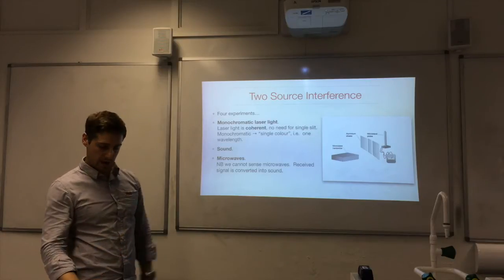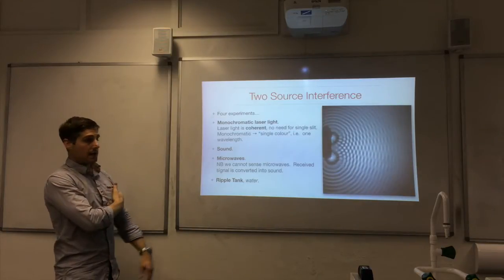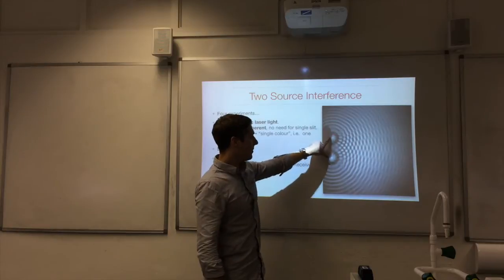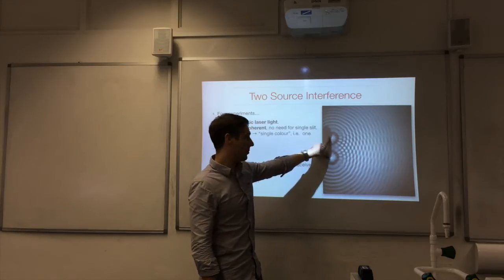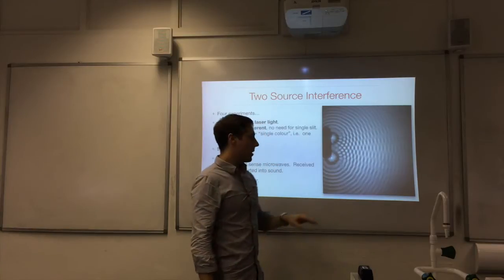You can't hear microwaves. And lastly, a ripple tank. This is a picture of looking down on the ripple tank. Here are 2 sources of water waves, and you can see that interference pattern quite nicely there.